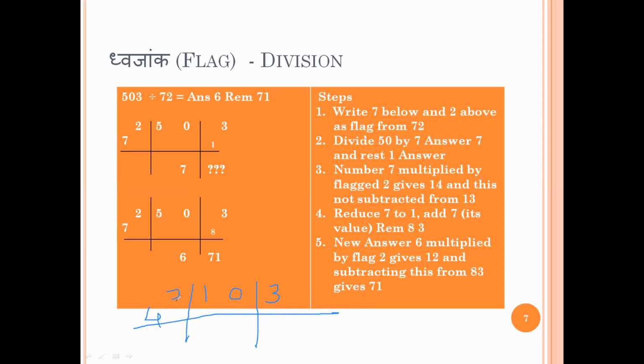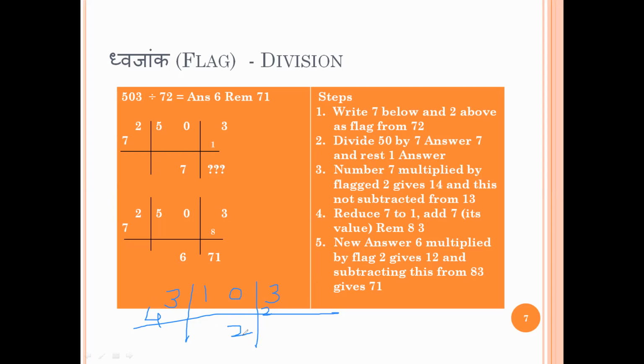4 down here, 3 here as a flag. So 10 divided by 4. Answer is 2. 4 twos are 8. Remainder is 2. So the next number is 23. But we already crossed the remainder line, so we don't need to continue the division process. We just need to find the correct remainder.